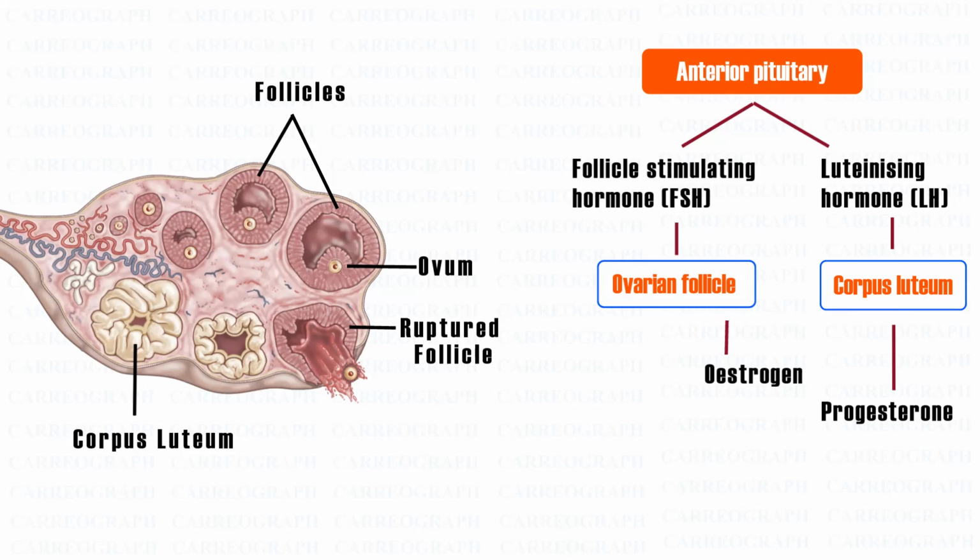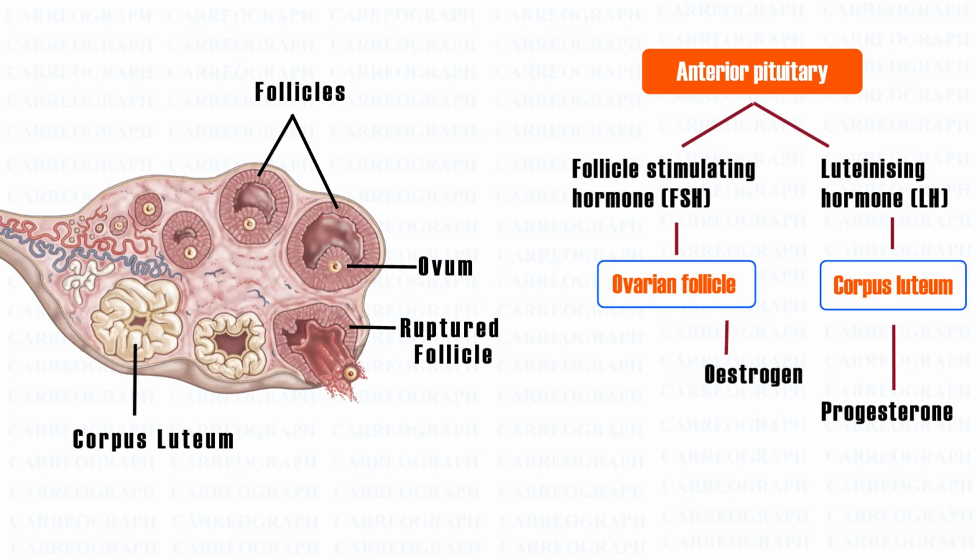Now, on day 14, under the influence of both FSH and LH, the most matured follicle ruptures and the ovum comes out. Each month, only one follicle, which gets most mature, ruptures and the ovum comes out and enters into the fallopian tube.